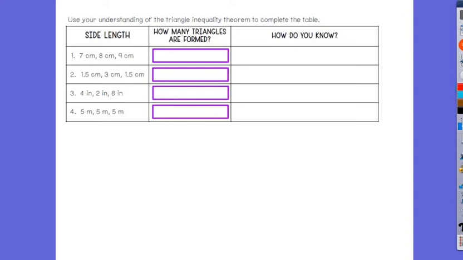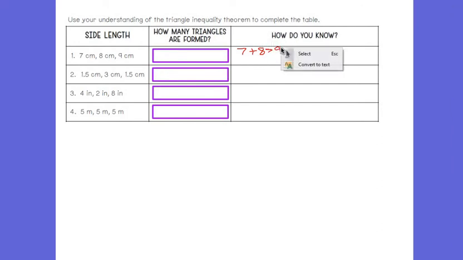The first chart is talking about side lengths. Looking at the chart I just filled in, side lengths have to follow those inequalities. So I do 7 plus 8 has to be bigger than 9. Is it? Yes, so I'm going to keep going. Now I'm going to do 7 plus 9. Is that bigger than 8?